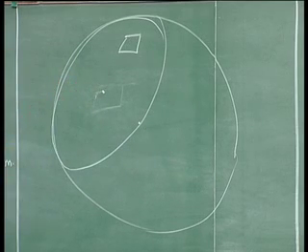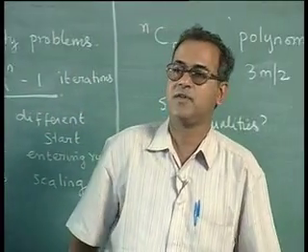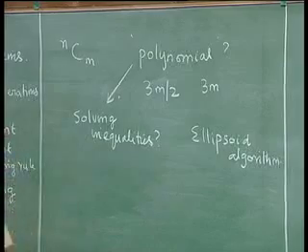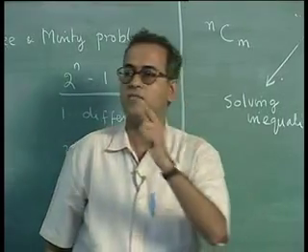This algorithm is called Khachiyan's algorithm. It came in 1979, and Khachiyan proved that there is a polynomially bounded algorithm to solve inequalities. Now this was a major development, particularly when people were thinking about whether we can develop a polynomial algorithm for simplex.